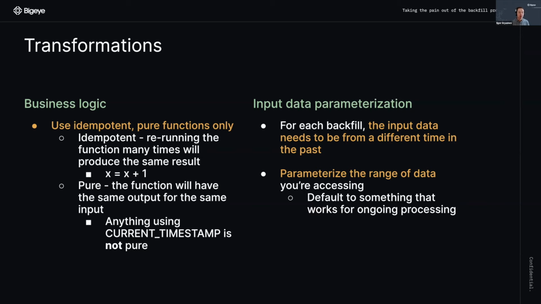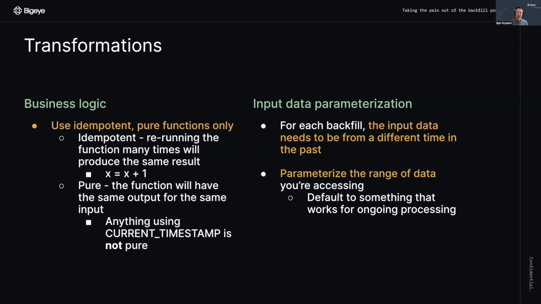Secondly, pure functions mean that the function will have the same output for the same input. Most of the transformation that you're doing is probably already pure. We're talking about remapping, for example, country codes to country names, or mapping IP addresses to regions. These are pure functions for the most part.